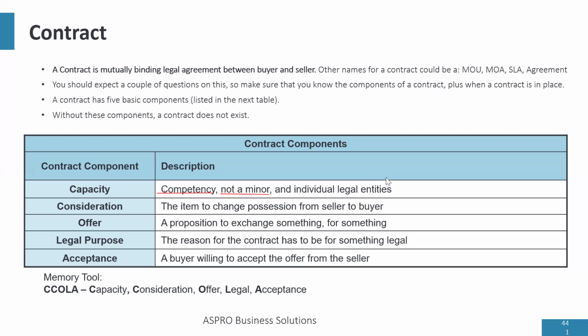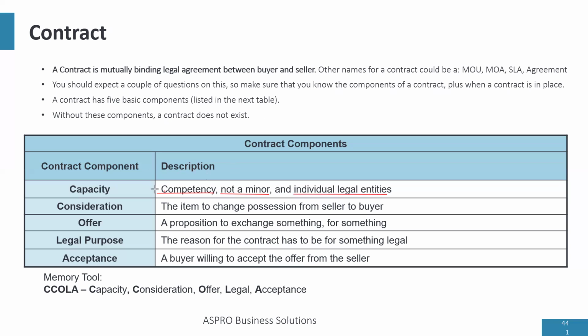If you remember Justin Bieber, or Michael Jackson, when they were younger, they could not sign their own contracts because they don't have the capacity to sign contracts. And individual legal entities have the capacity to enter a contract.